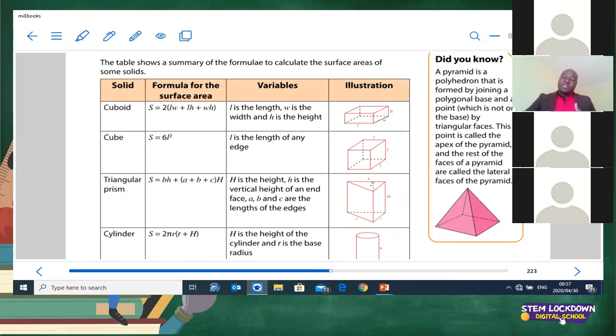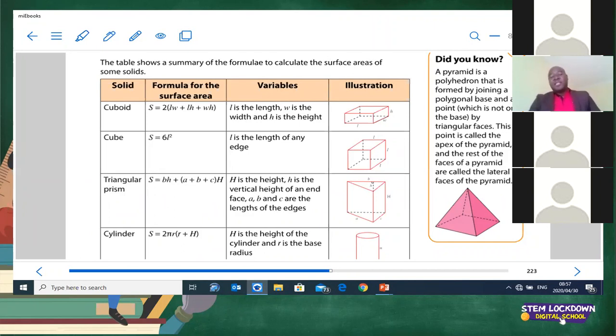And of course, the opposite one will be equal to the one at the back, because you've got 6 faces. So whether you are working with a cube or a cuboid, both of them have got 6 faces.